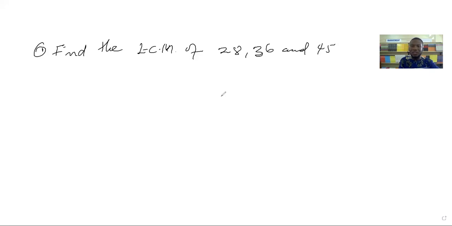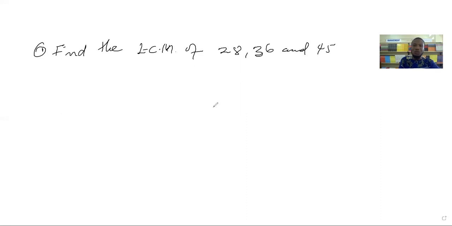What I've realized as the challenge of students is that when they are listing the multiples, they forget one or two of them, and that affects their answers at times. But I believe with this method, there is no way you are going to forget any multiple because you just get the L.C.M straightforward without listing, which is time consuming and more difficult because you must know your timetable well.